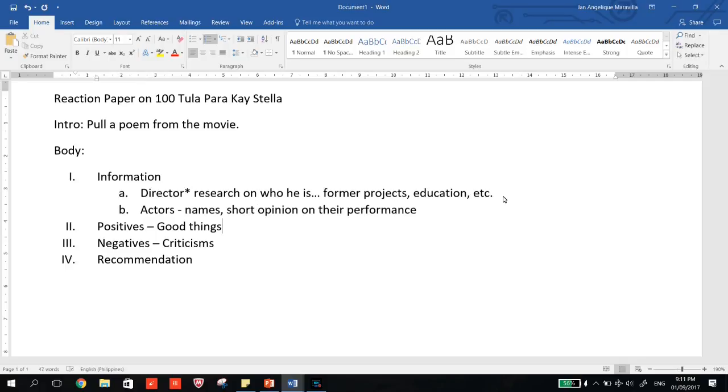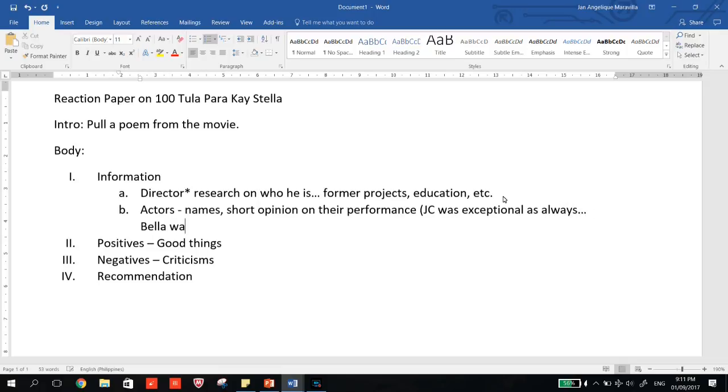Okay? Kasi isi-save niyo siya for the positives. Ayaw mong doble. So what you could say would be, sa utak ko, meron nang naka-form na mga lines dyan. Kunyari, sabihin natin si JC was exceptional, as always, mga ganon. Si Bella was a revelation, o ganon.